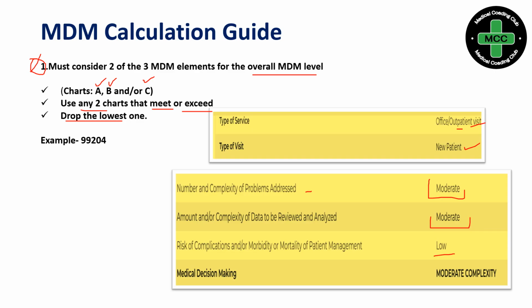So according to our guideline, use any two charts that meet, we are meeting two charts as moderate. So our overall, final MDM is moderate complexity. Since the patient is a new patient, the moderate MDM level will be 99204. This is one MDM calculation method, and we have one more method.